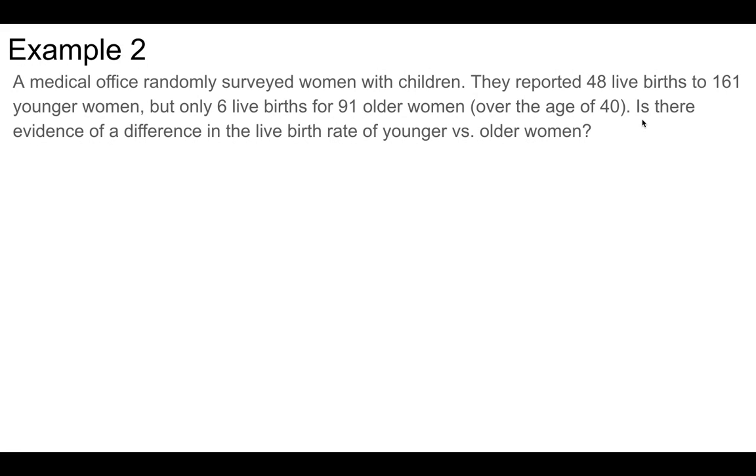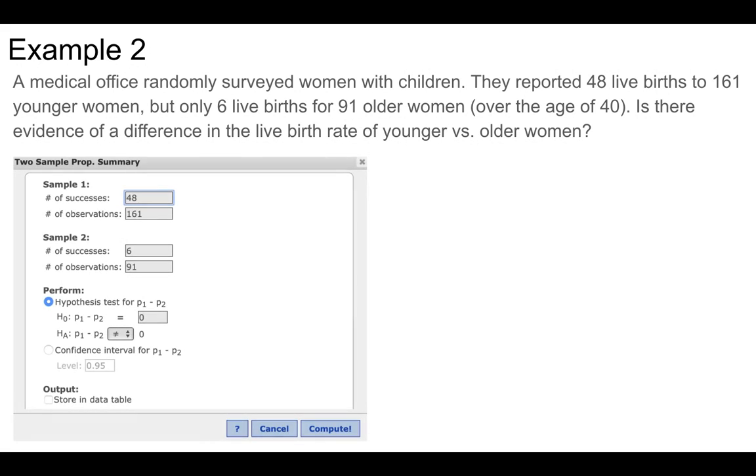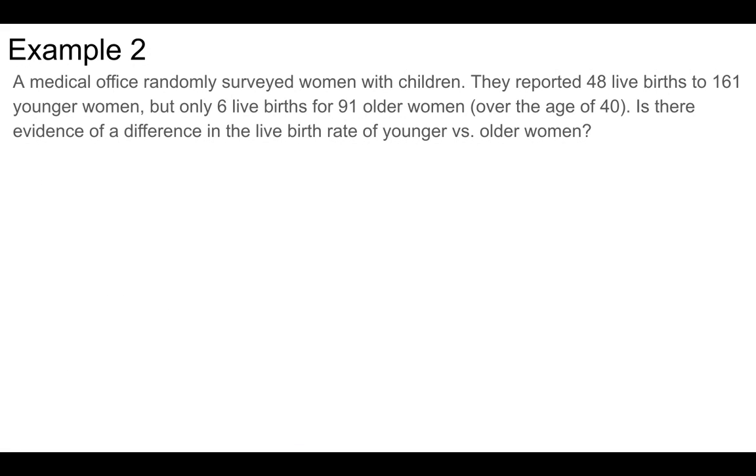Is there evidence of a difference in the live birth rate of younger versus older women? So in this case, notice it did not specify which one was sample 1 and which one was sample 2.